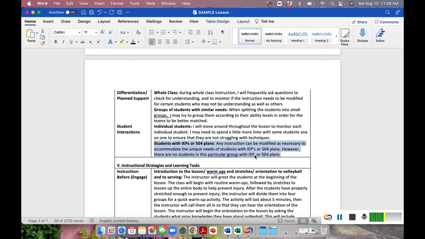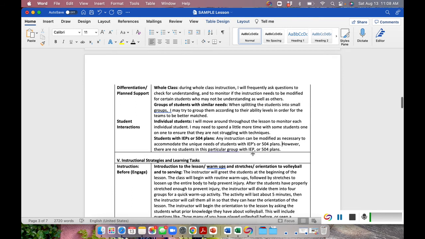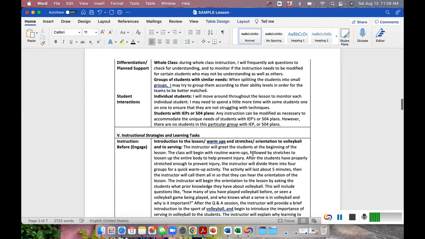A great way to cover yourself in our lesson plan is to say that instruction can be modified as necessary to accommodate unique needs of students with IEPs and 504 plans. However, when you are teaching a college class, or peer teaching as we call it, you won't have any peers with IEPs and 504 plans. What I want you to take away from this is that the IEP is a legal document and you need to follow it. Okay, we got the tough part done.